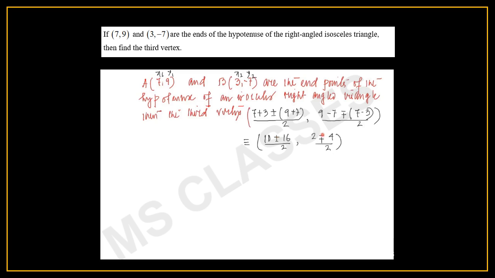So we get 13 comma minus 1 as one point, and the other point which we get is minus 3 comma 3. When adding these, 10 plus 16 is 26, 26 by 2 is 13. 2 minus 4 is minus 2 by 2, that is minus 1. 10 minus 16 is minus 6 by 2, that is minus 3. 2 plus 4 by 2 is 6 by 2, that is 3. So here we get the two coordinates, the two possibilities.